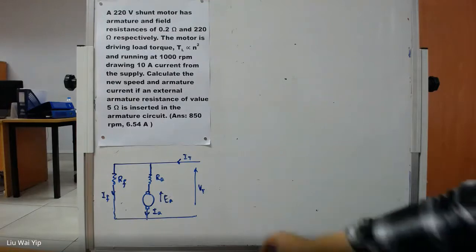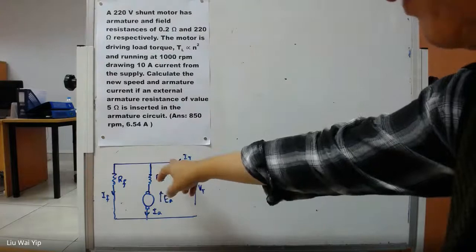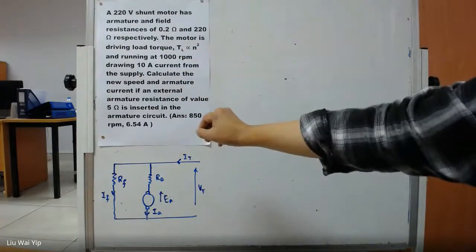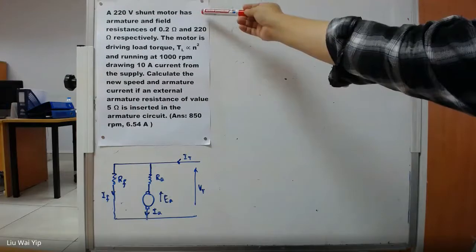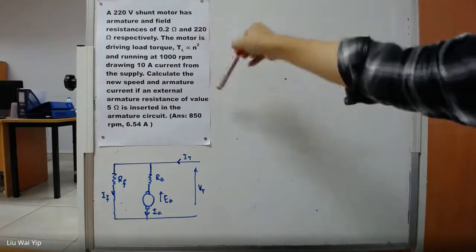So this is the schematic of the equivalent circuits that illustrates a typical shunt motor. And according to the question, here is the question, right? Take about 1 minute to read through it.